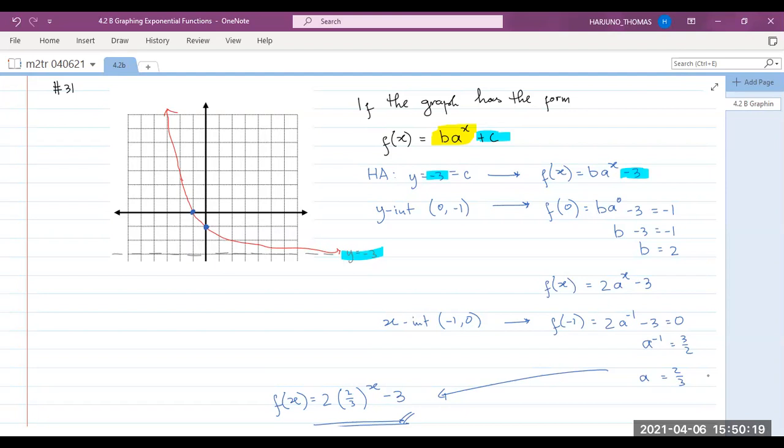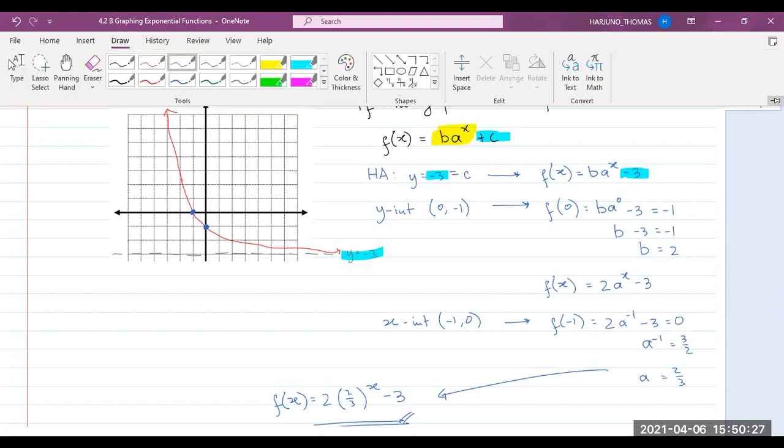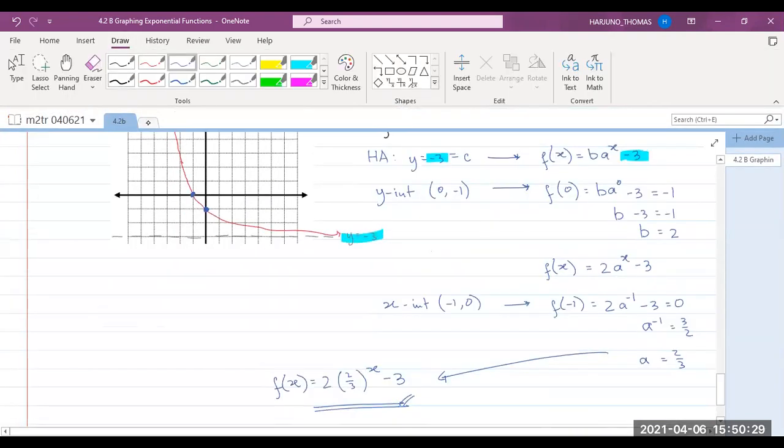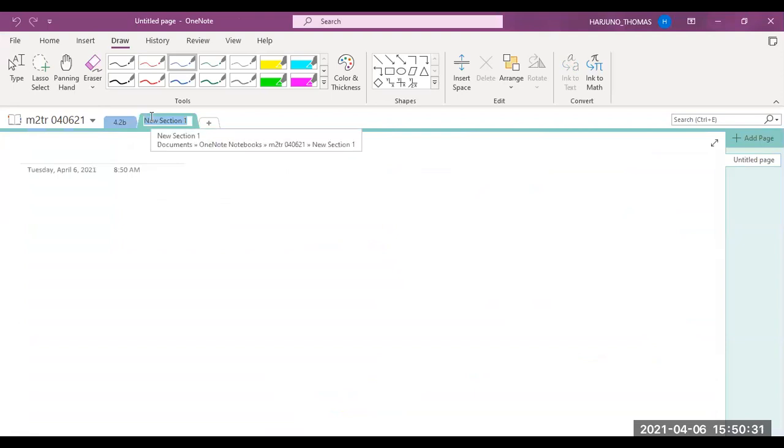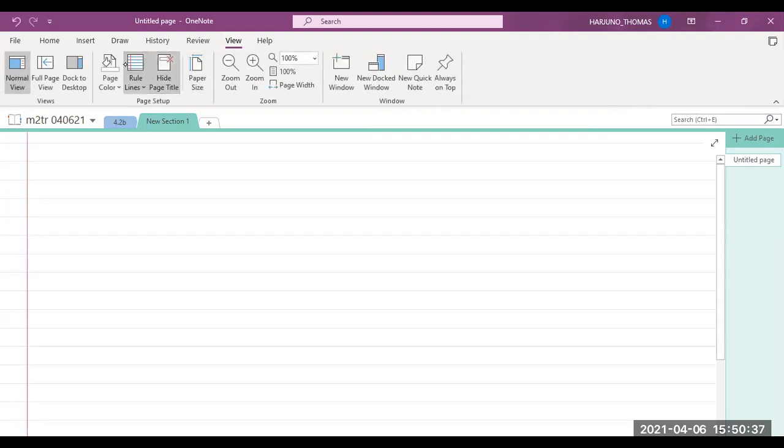No, I think that's where I will stop for this 4.2. Let me go on to 4.3. 4.3 is the natural exponential function, which I believe I already mentioned last time. Did I? I somehow think so.